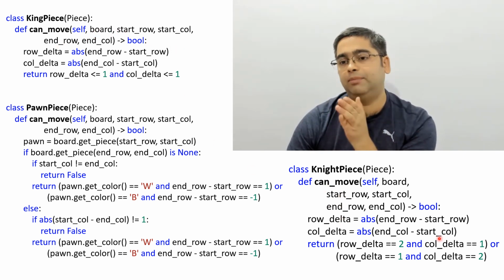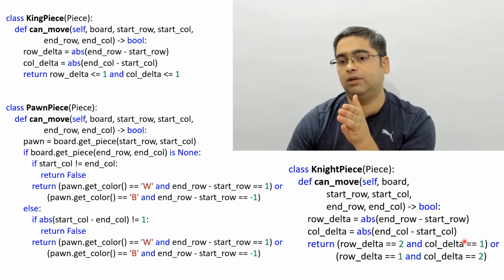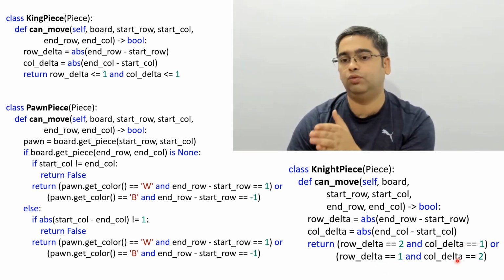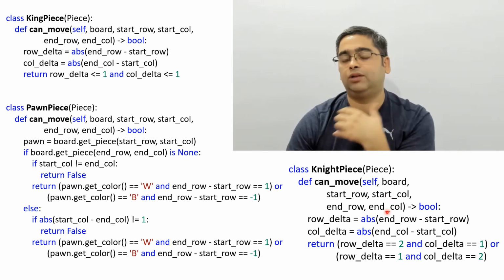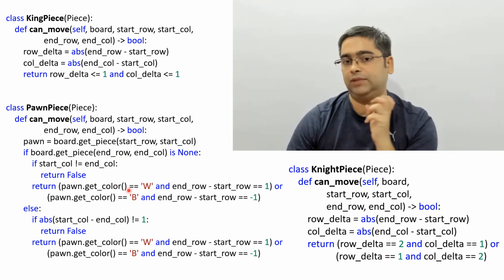For the knight, it makes 2 plus 1 moves, and so it checks either horizontally 2 place or vertically 1 place, or vice versa, that is horizontally 1 place or vertically 2 place it can move. So again, it has got its own implementation of the can move method. For the pawn, there are two cases.